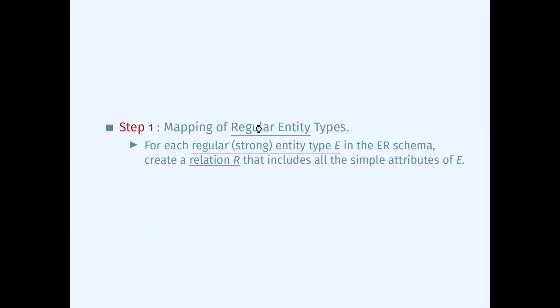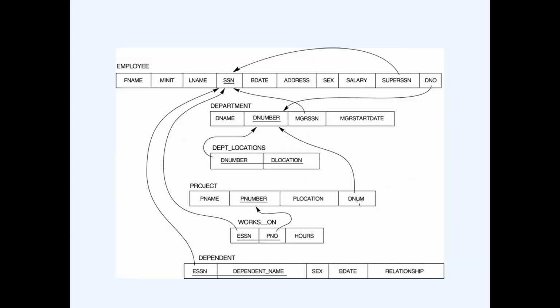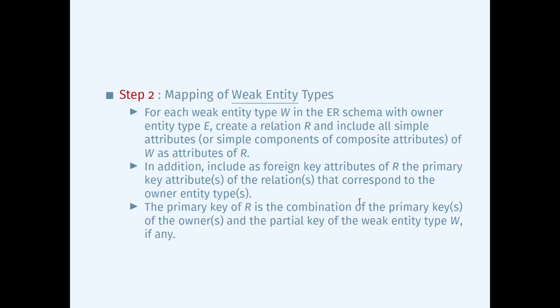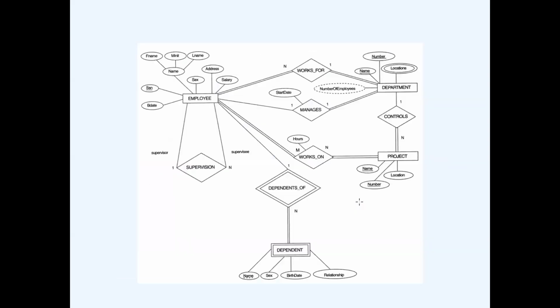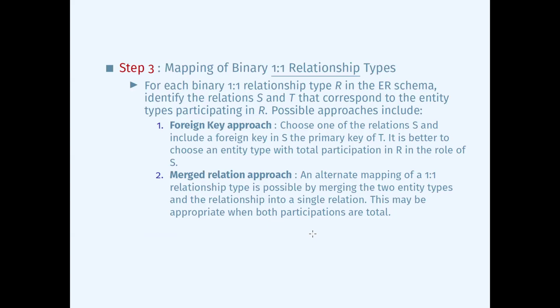If I go back to my note, you can see here we have two attributes, and then you select one of them as a primary key. Okay, now we finish discussing this. When you have weak entity types, again, you create a relation, but you have to bring down a primary key from the employee. Right. Let's move to the next one.